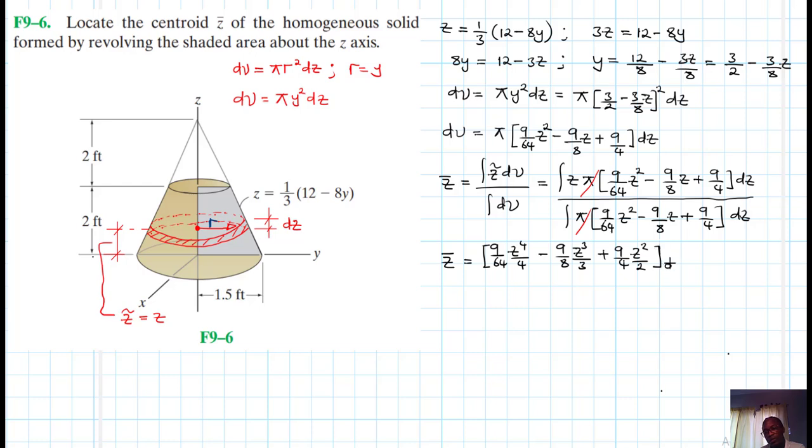We are integrating from 0 to 2, so we are evaluating it from 0 to 2.